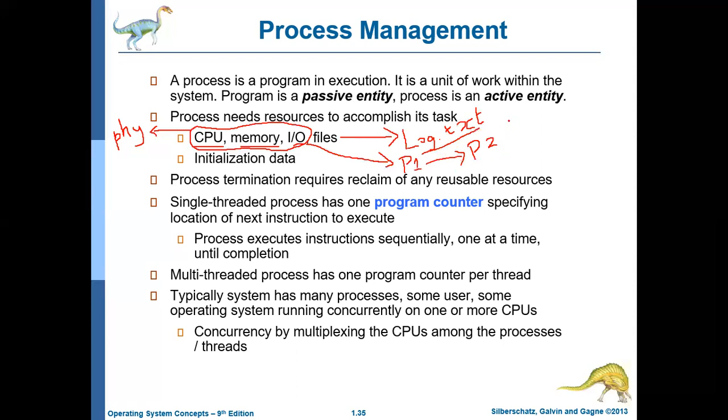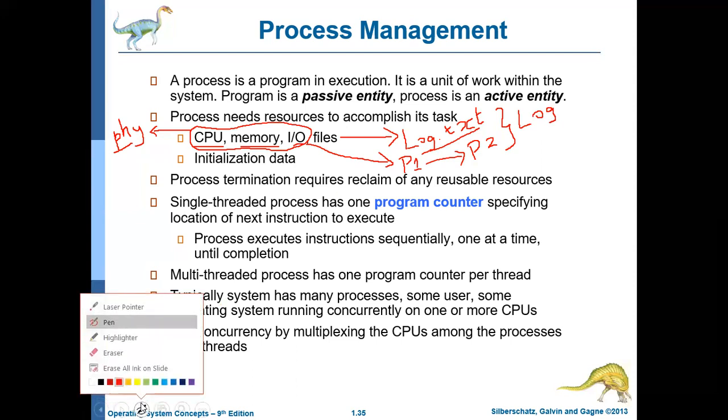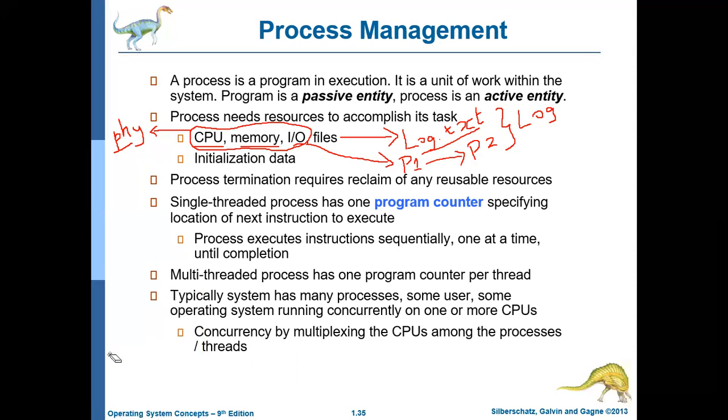So the point is, any process needs two types of resources: physical or logical. The physical resources are CPU time, memory, and IO devices. But if the process wants to access any file or communicate with another process, then all these come under logical resources.